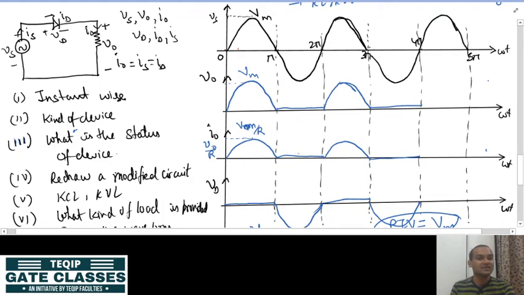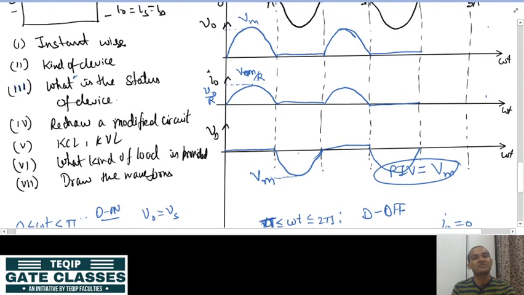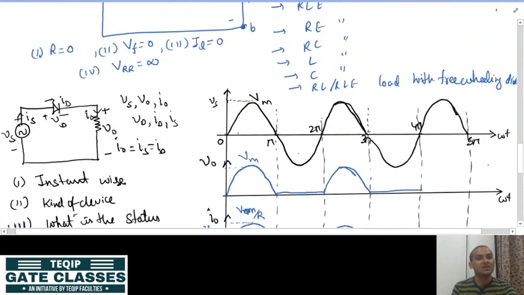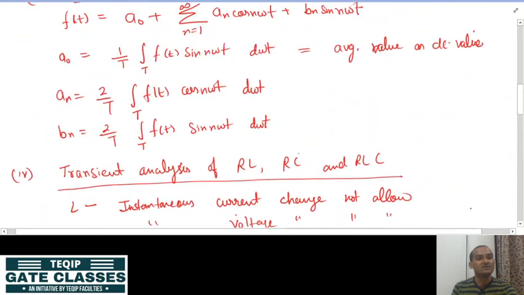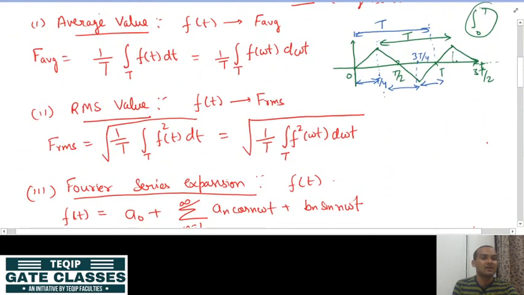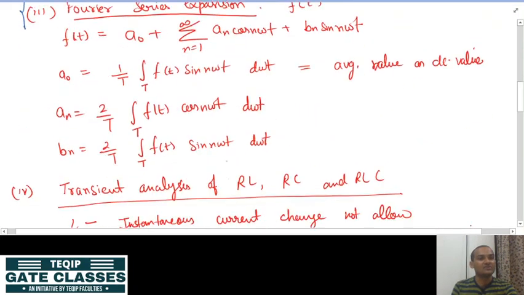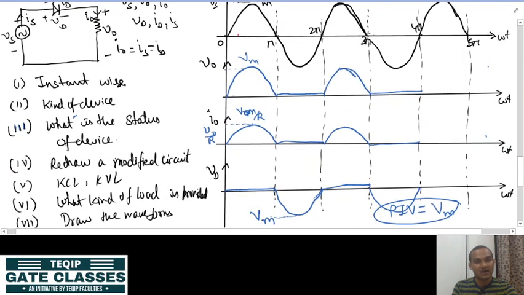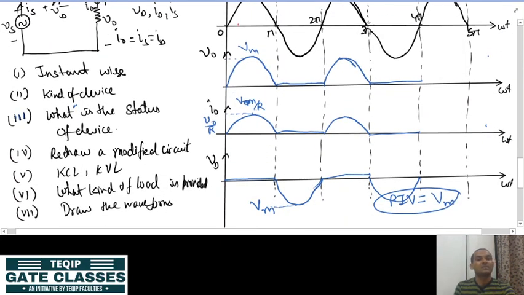Now, after this, the next step is the mathematical analysis of power electronic circuits. In mathematical analysis, we analyze the circuit in terms of average value, RMS value, and Fourier series. First of all, we are going for the average and RMS value of this circuit. If you see the circuit, the time period is 2 pi, alright.